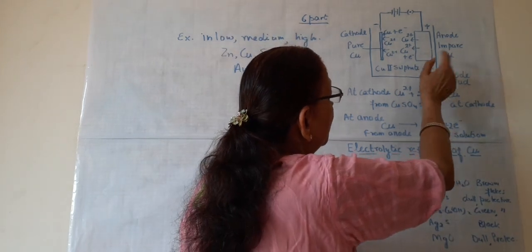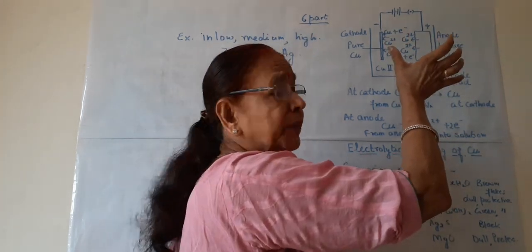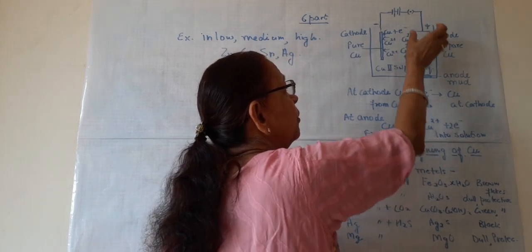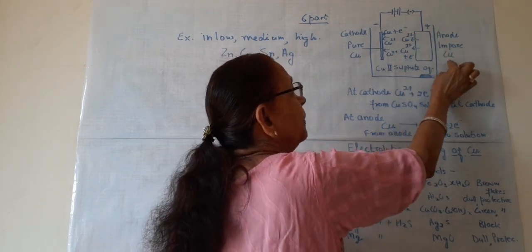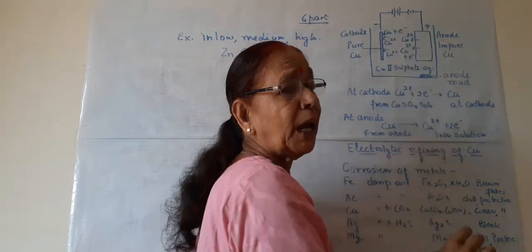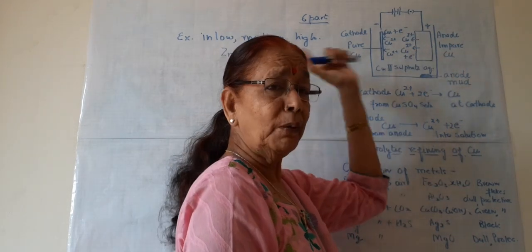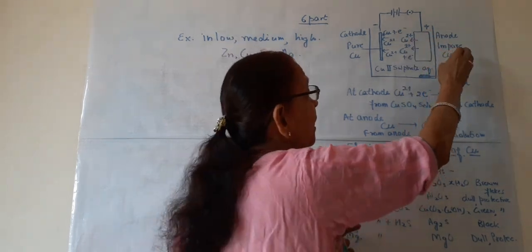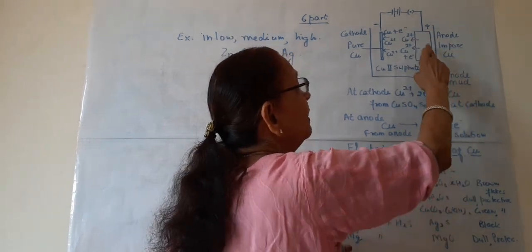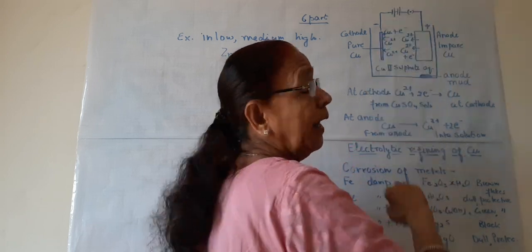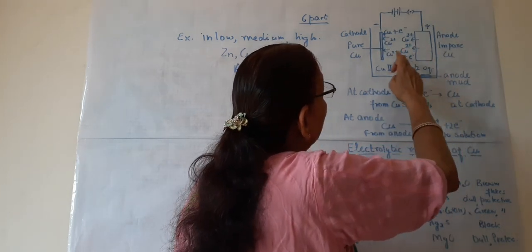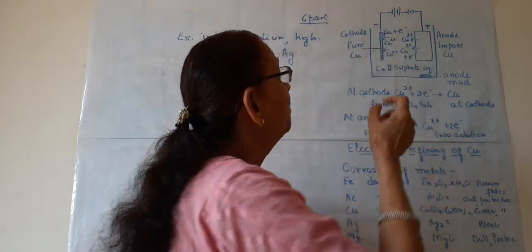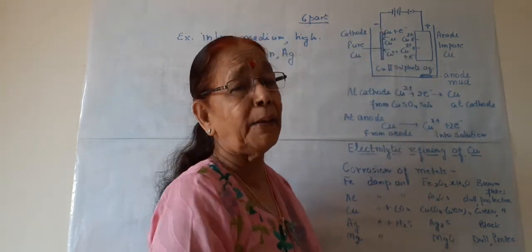On the anode, a thick block of impure copper is kept, which we have got from extraction. It is attached at the anode, and on the cathode a very thin strip of pure copper is kept.